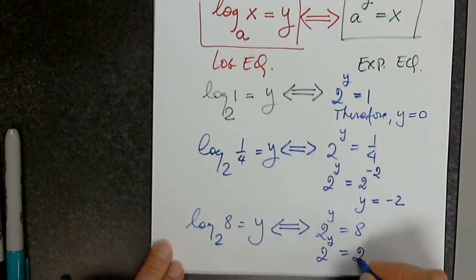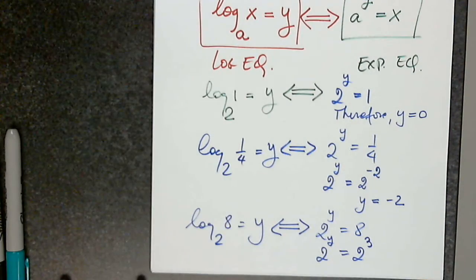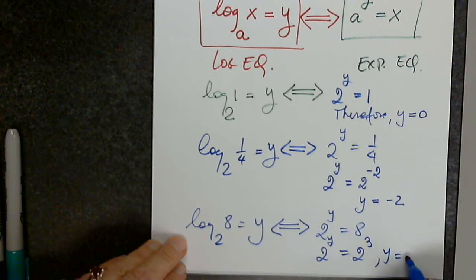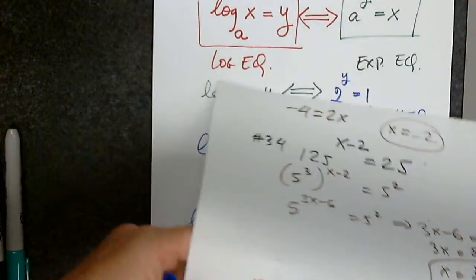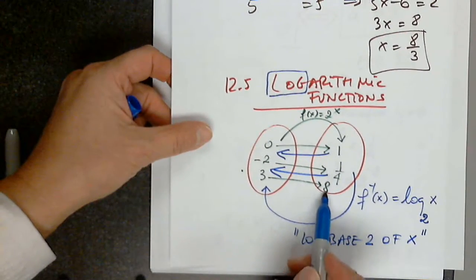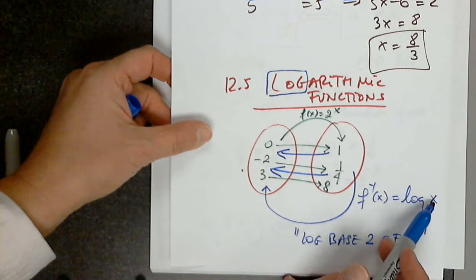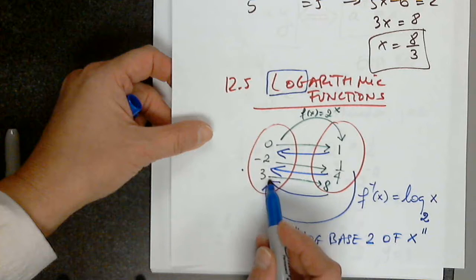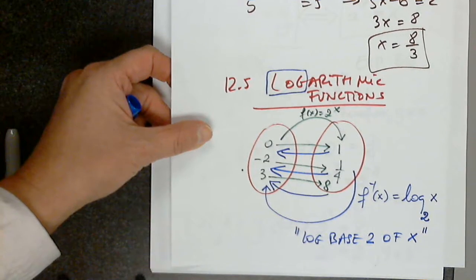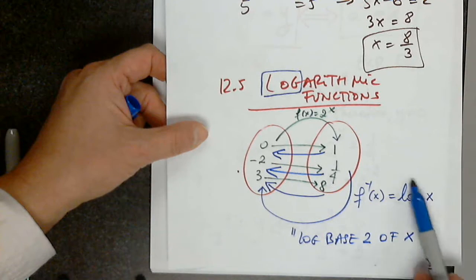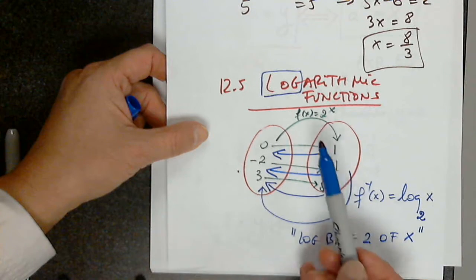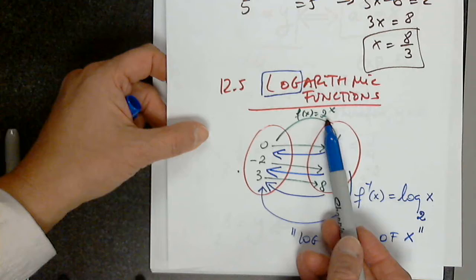Exactly. Therefore, I know how much is y. What can it be? Only 3. And then going back, I hope we are convinced now that when we apply log base 2 to 8, the number that we get back is 3. Therefore, this function is the inverse of that function.